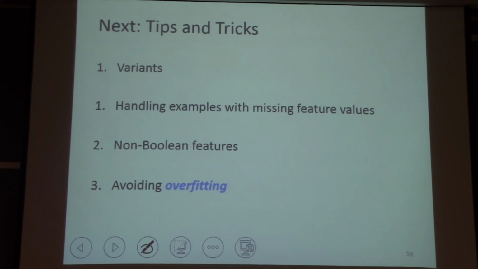Then I'll come back to the question of what to do with features that are not Boolean, when you have real valued features. But the bulk of the rest of the discussion on decision trees, I want to spend on overfitting. This will be our first exploration of the idea of overfitting, and we'll talk about how we can get around the problem of overfitting. Even if I finish the first 3 of these today, I don't think I can talk about overfitting, so let's get to that in the next lecture.